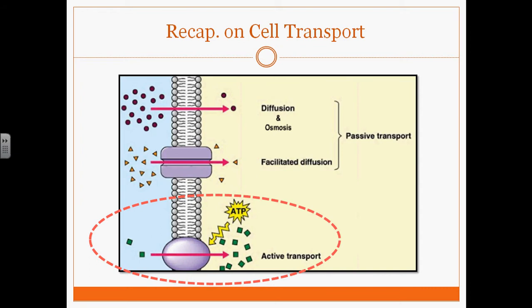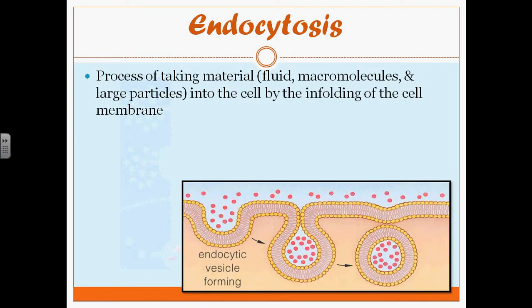Active transport, as we said, requires energy, and you can see the yellow structure that says ATP. That stands for adenosine triphosphate, and it's the type of energy that the cell actually uses to move substances from a low to high concentration.